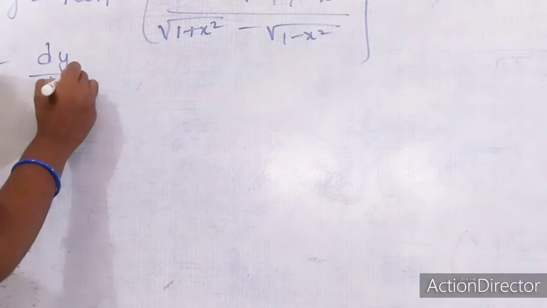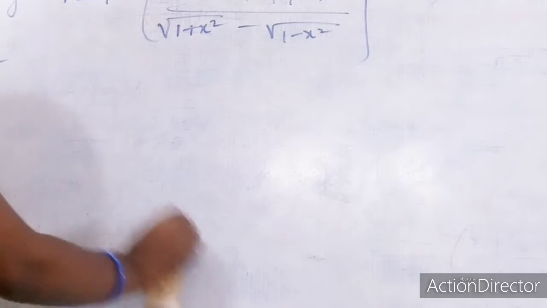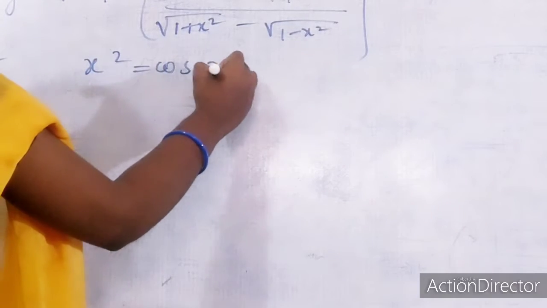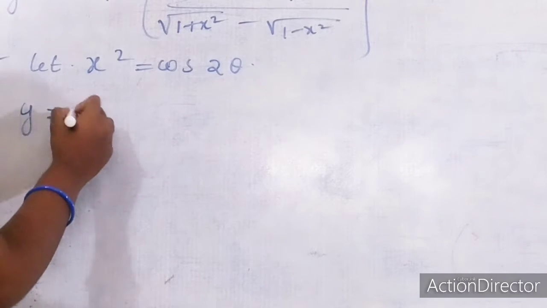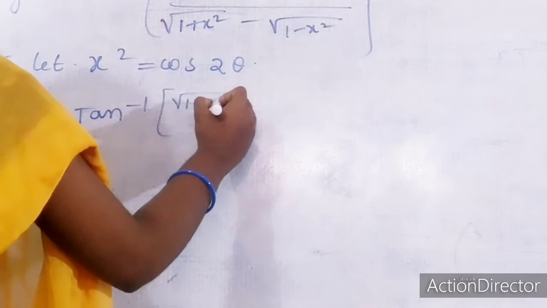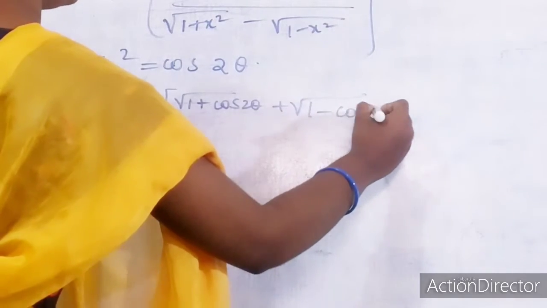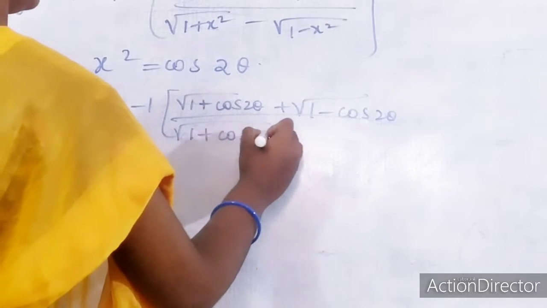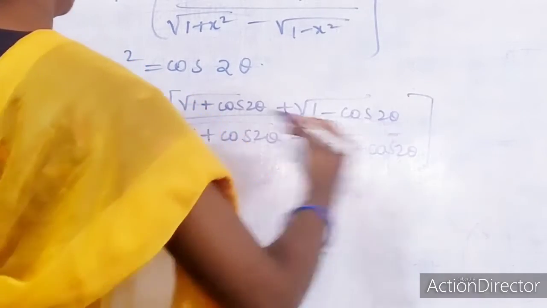dy by dx is equal to, so now in place of x square we will write cos 2 theta, that is x square is equal to cos 2 theta. So y is equal to tan inverse of root of 1 plus cos 2 theta plus root of 1 minus cos 2 theta divided by root of 1 plus cos 2 theta minus root of 1 minus cos 2 theta.